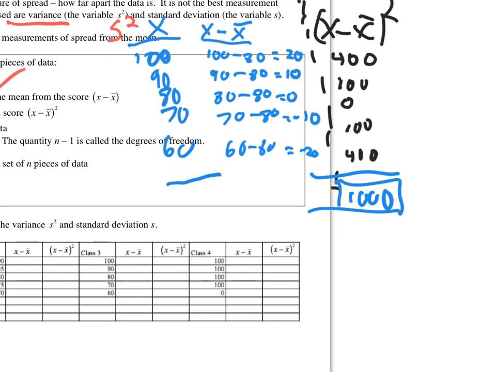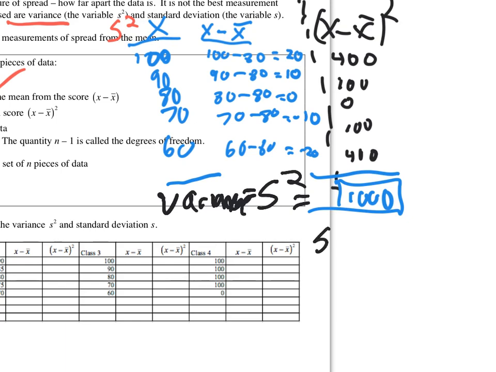So this value here, I'm going to label it. Anybody figure it out? It is the variance. Variance is s squared. The sum of those differences squared is your variance. You have to find the variance first, and the variance was 1,000.